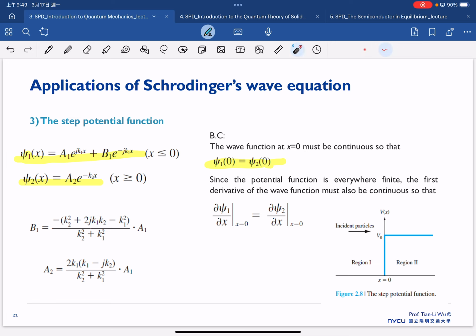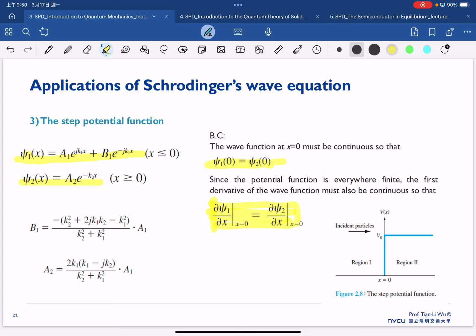And also, since the potential function is everywhere finite, the first derivative of the wave function must also be continuous, and therefore the derivative of the wave function at x equal to 0 should also be the same.